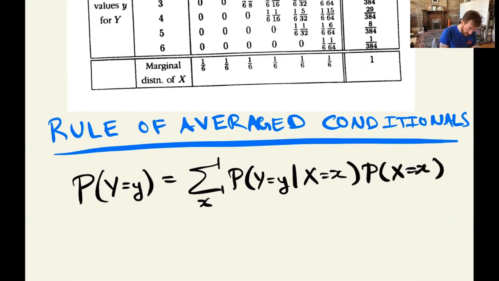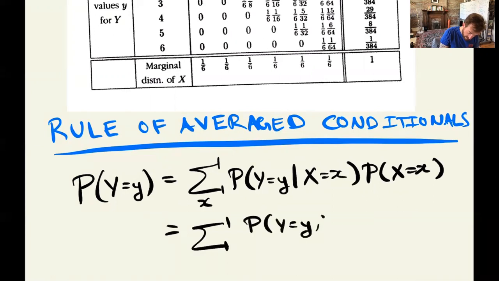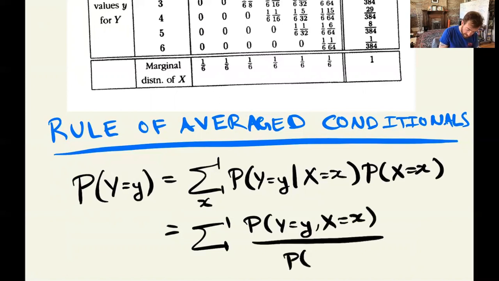Now, remember the way conditional probability is defined: it's an AND statement divided by a probability. So if I go ahead and write that out, this is the same thing as the probability that Y equals little y and X equals little x, divided by the probability that X equals little x.